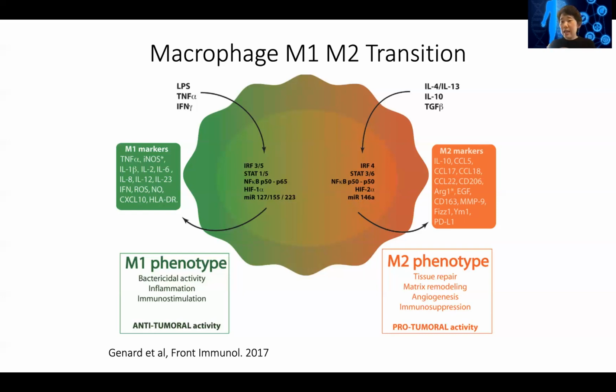And so in each patient tumor, you can always see macrophage infiltration, some M1 and some M2. And very often we see that patients with more M1 macrophage phenotype usually have better survival and respond better to immunotherapy. But if they have more M2 macrophage, it's usually pretty bad because they will suppress the T cells.